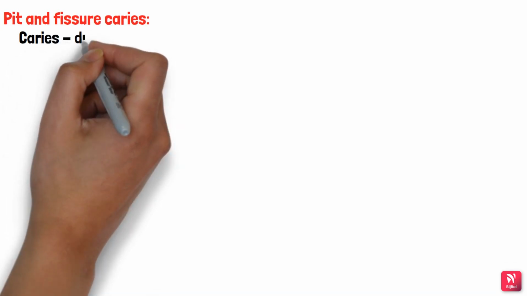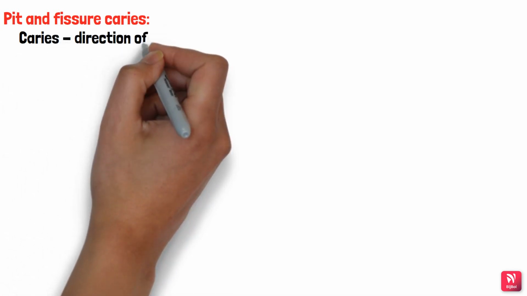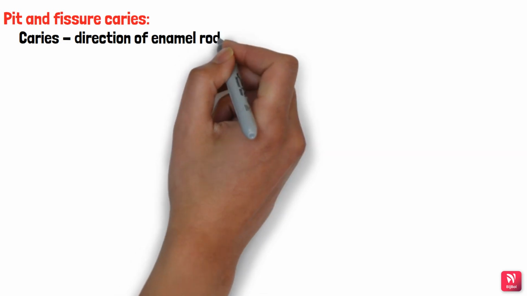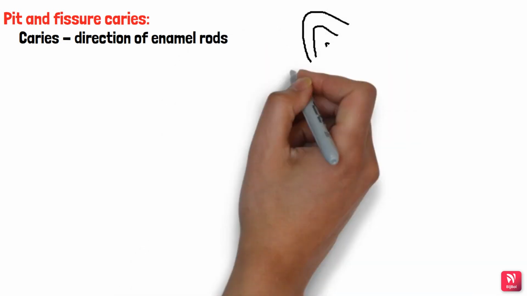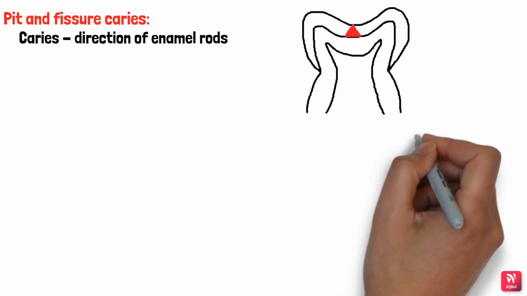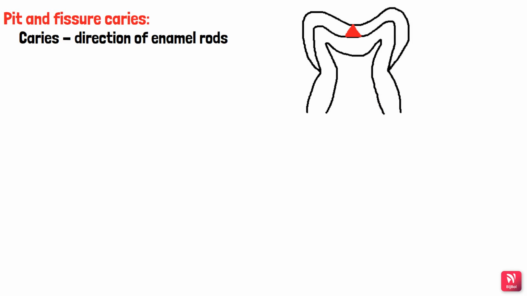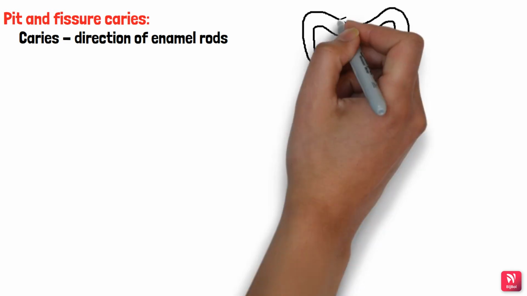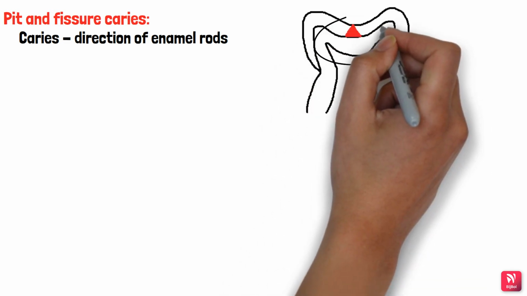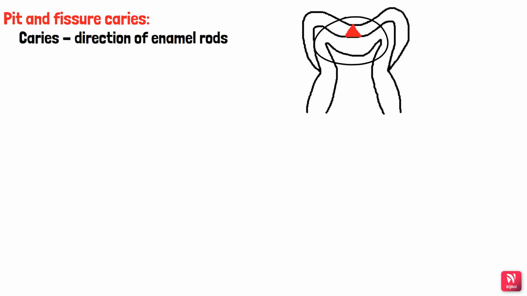In pit and fissure caries, there is mostly no difference from smooth surface caries, except that here the caries follows the direction of the enamel rods. The direction of caries formation is also triangle or cone shaped, but as you can see it is occurring near the pit, and the apex of the triangle is towards the surface and the base is towards the DEJ.